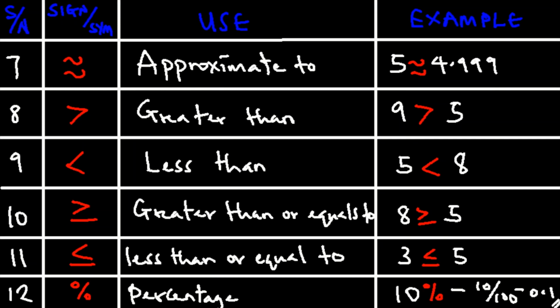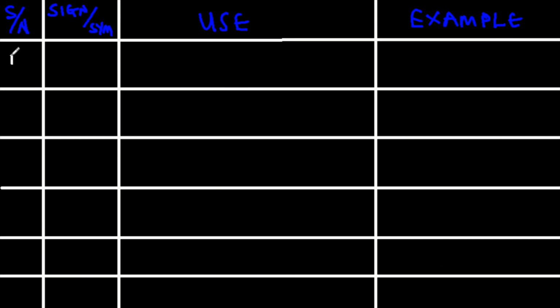Now let me make space on our table so we can take more examples. The next symbol I'll be showing you guys today is this symbol. This symbol is called the equivalent to symbol, and it is used for showing that one value is equivalent to another value.